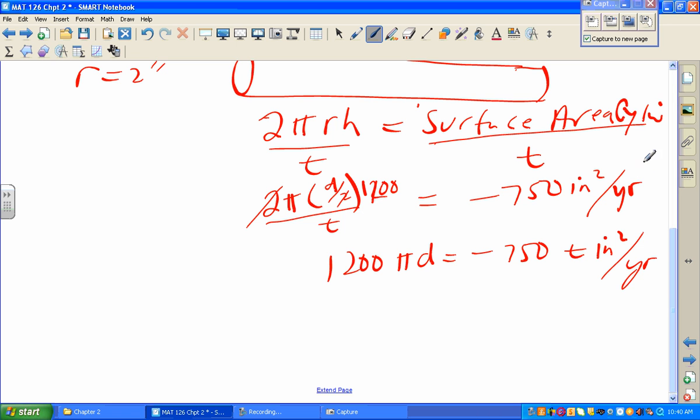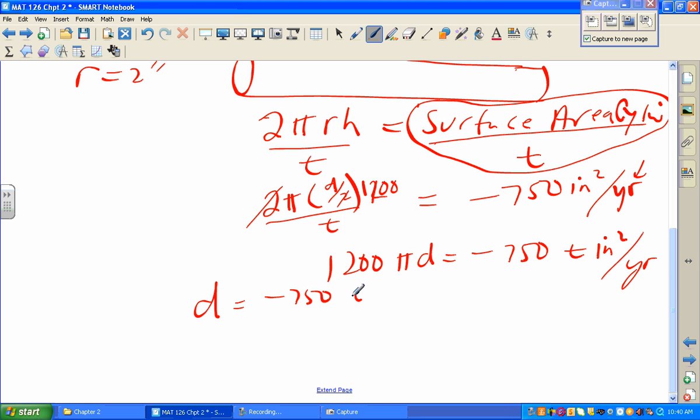Oh, that got accounted for with the year as far as the change in the rate. The whole thing became the rate. So that means D equals negative 750 T over 1,200 pi inches squared per year.